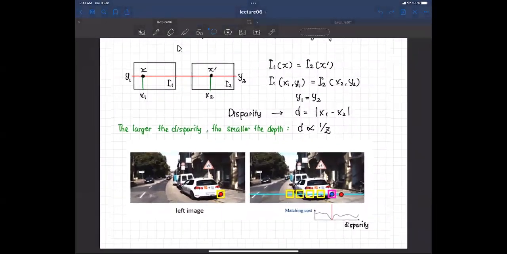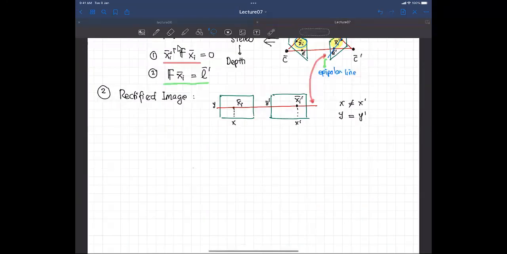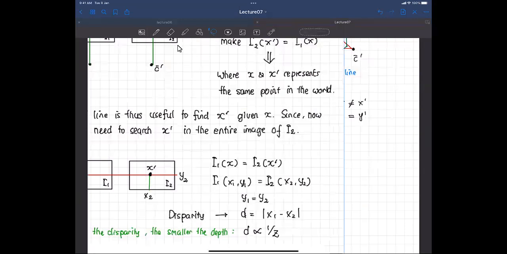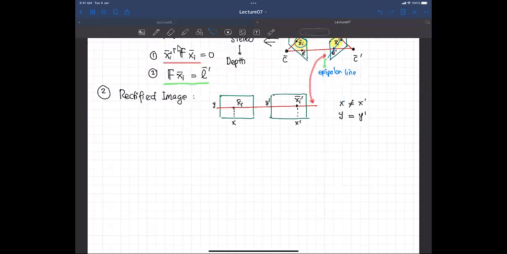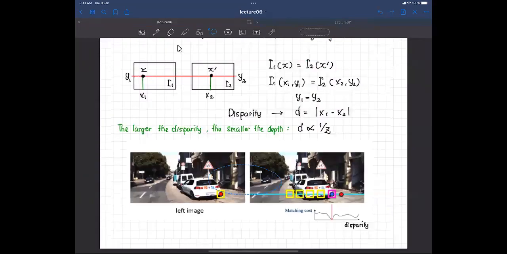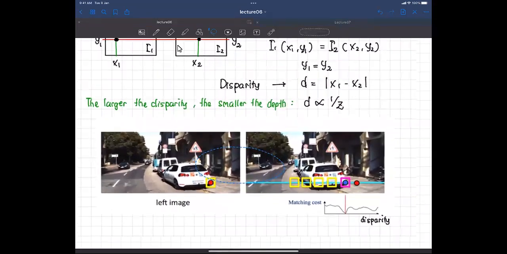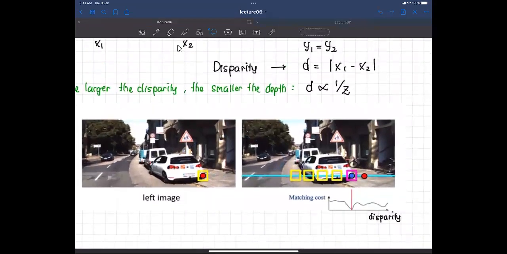Okay, so this is a rectified image. Let's use this image here.